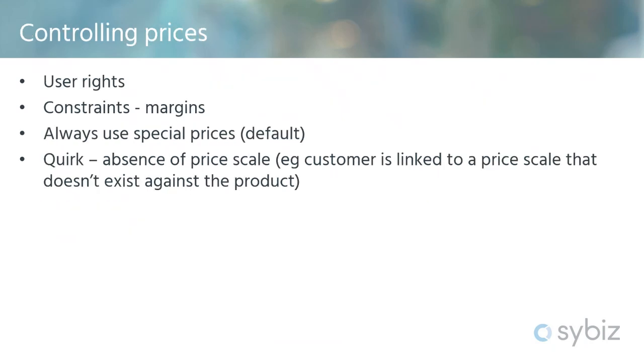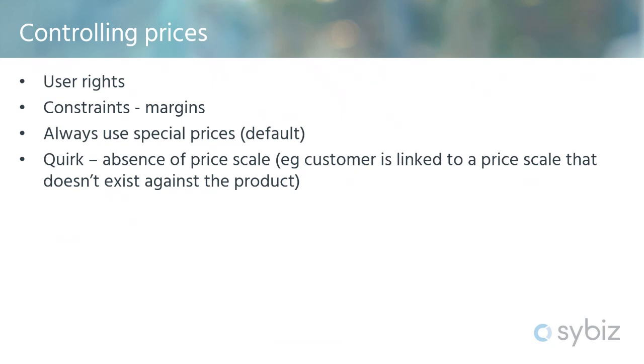In terms of controlling prices, we'll talk about these in a little more detail as we go, but essentially user rights come into play. You can put in constraints using margin-based pricing and set the severity of how you want to enforce that as well. The always use special prices, if you default that on under debtor defaults, obviously does what it says on the box.